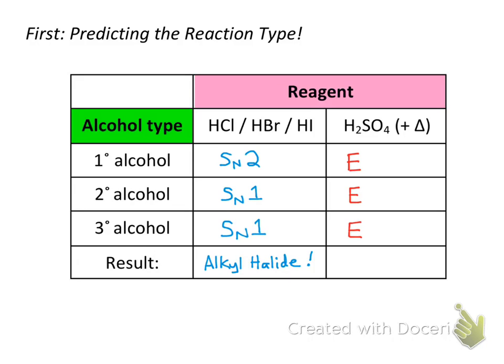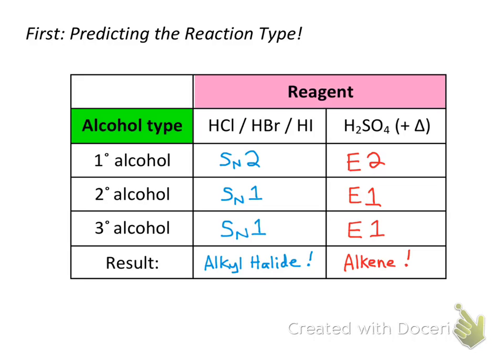The same that we used for the SNs can be used here. So a primary alcohol, because a primary carbocation is not very stable at all, we can expect this to go through an E2 mechanism. Whereas the secondary and tertiary, we would expect E1. And the results of these are alkenes.